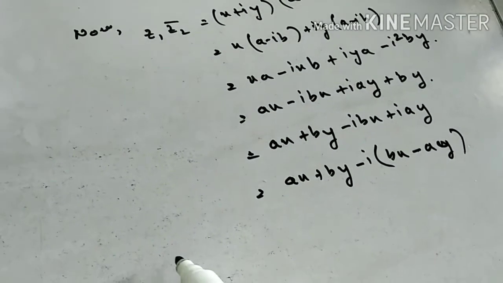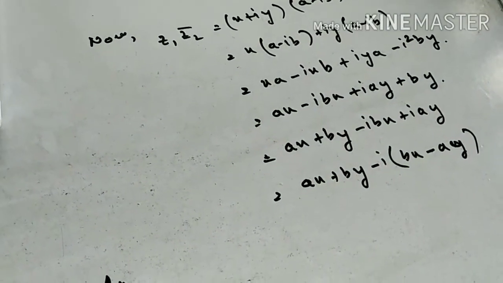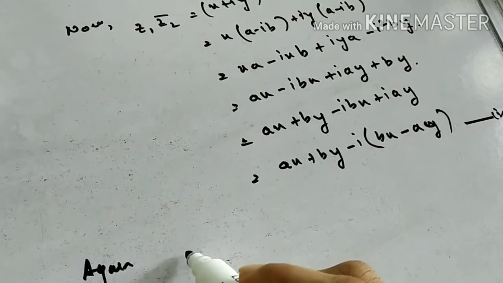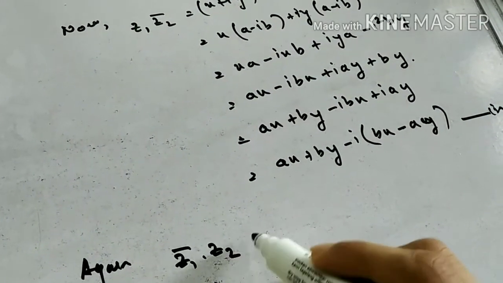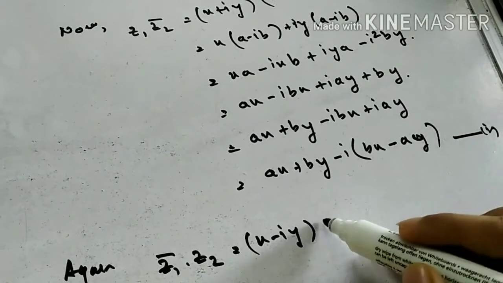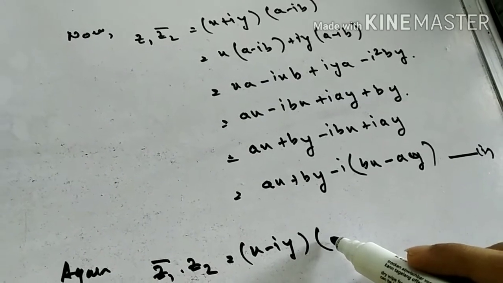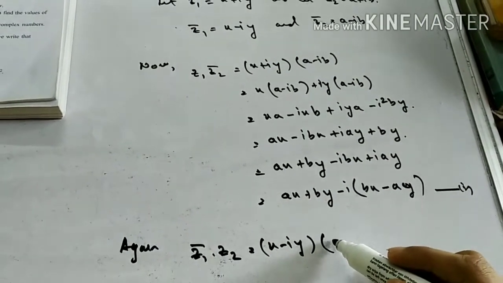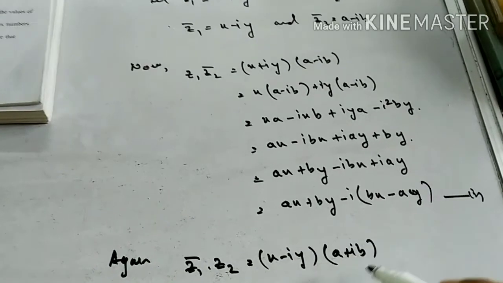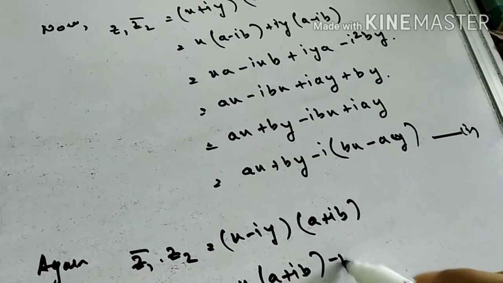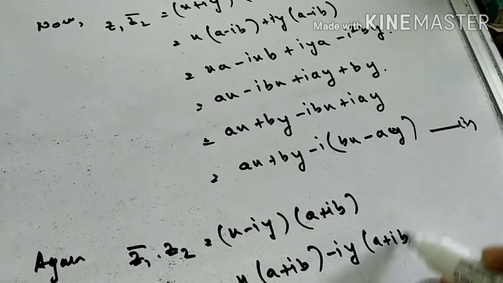Now next, this is our equation 1. Again I will do z1 bar into z2. So z1 bar is x minus iy, and z2 is a plus ib. So again x(a plus ib) minus iy(a plus ib).